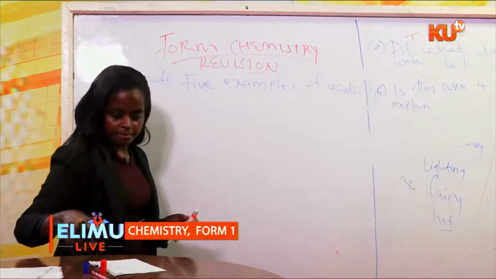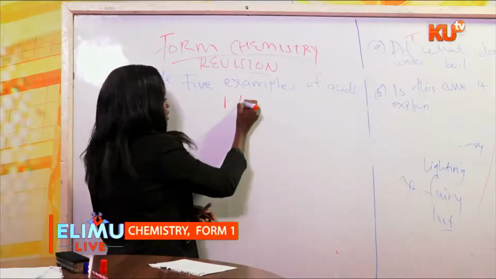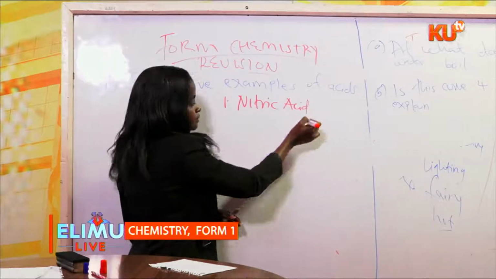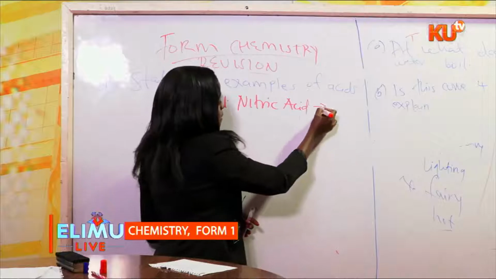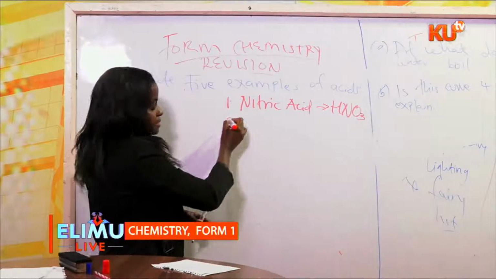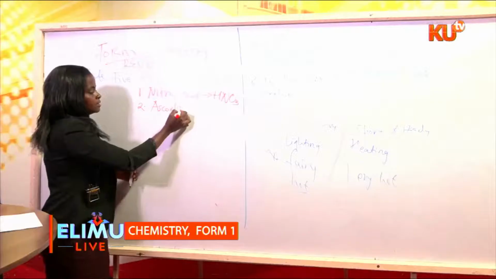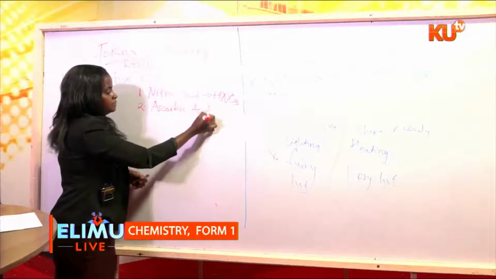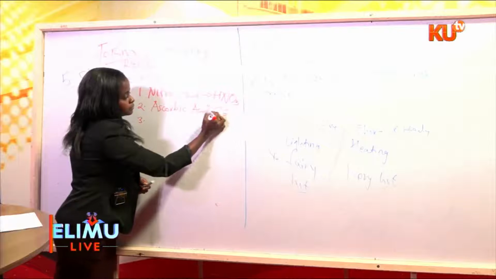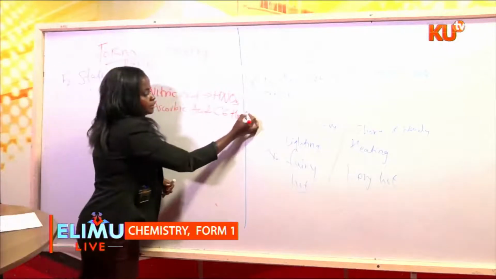We have nitric acid, the chemical formula like this, and then we have ascorbic acid, H8O6.